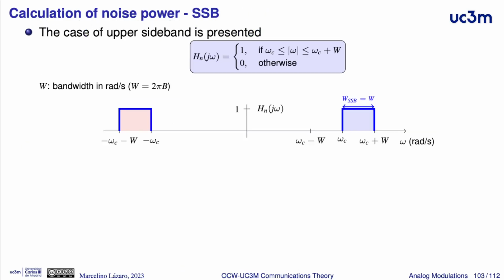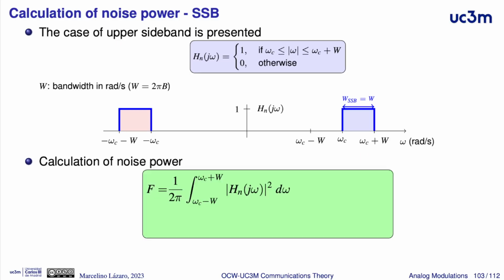For a single sideband modulation, the ideal noise filter is an ideal filter between omega c and omega c plus the bandwidth for the upper sideband option, and equivalently between omega c and omega c minus W for the lower sideband option, but the result is going to be the same one.